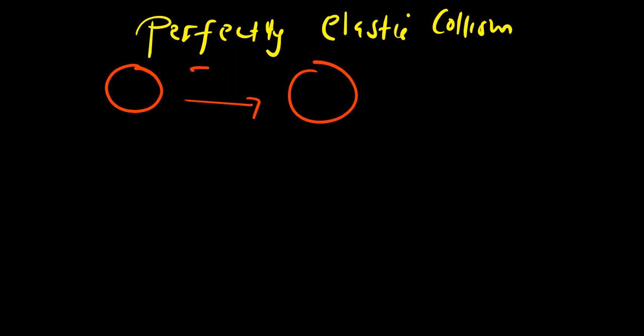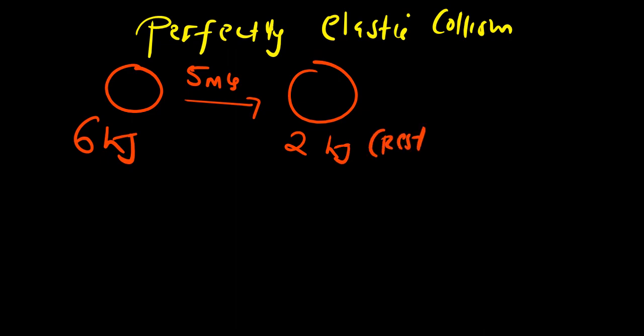Let's say there's a velocity of 5 meters per second for the first ball, which is 6 kg. Let's say this other one is 2 kg and it's at rest. Let's say this one is m1, this one is m2. So what is going to be our answer?